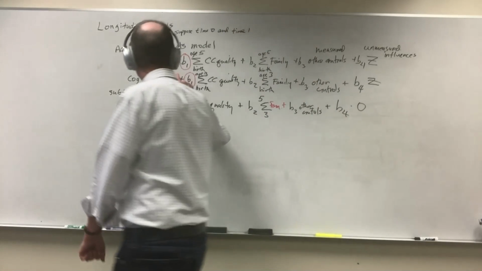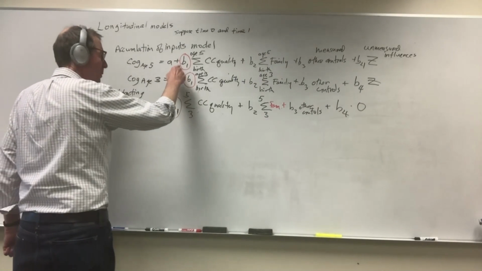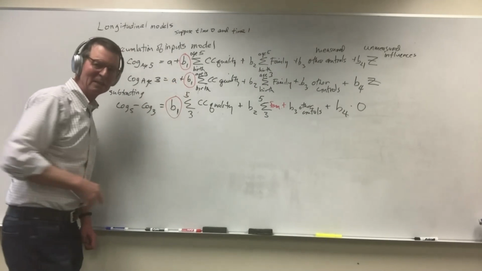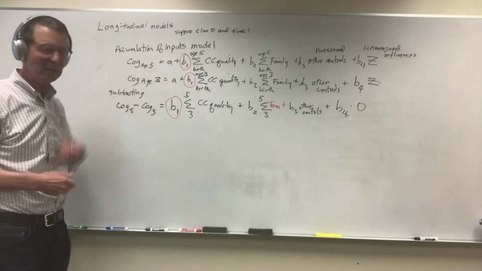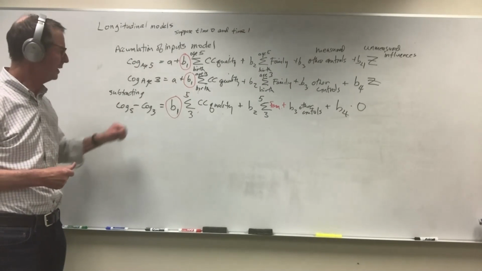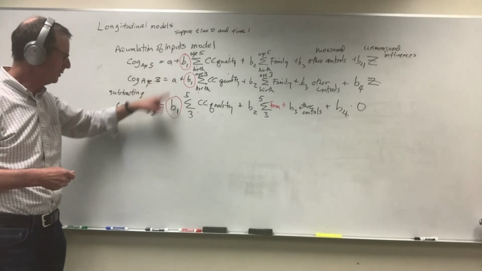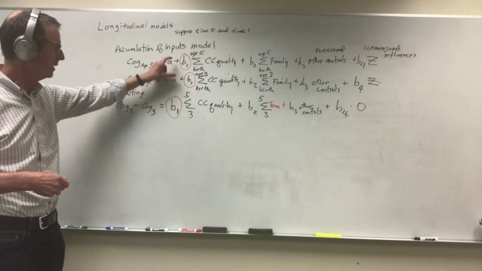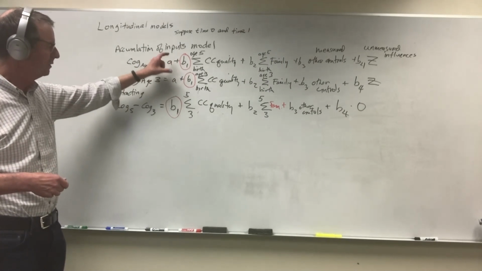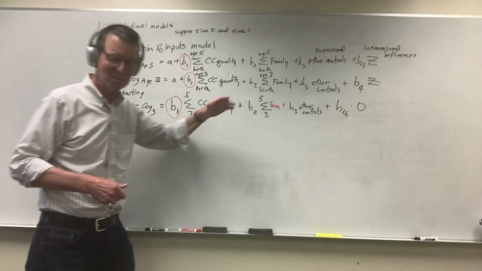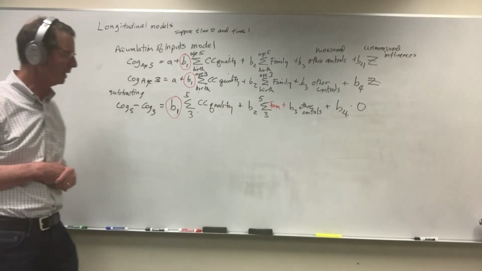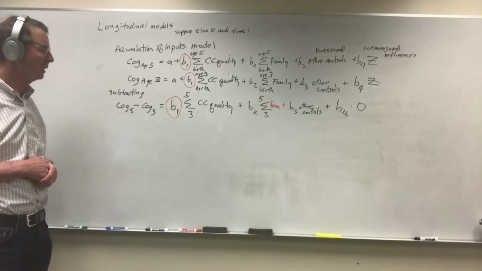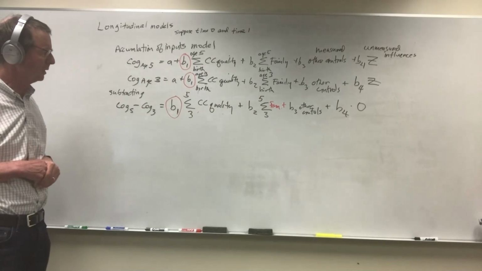So suppose the B1 is bigger at age 5 than the B1 at age 3. Then you don't get this simple common B1 factor. You get a difference between the Bs, and the paper develops that model out. But that's kind of a minor point.